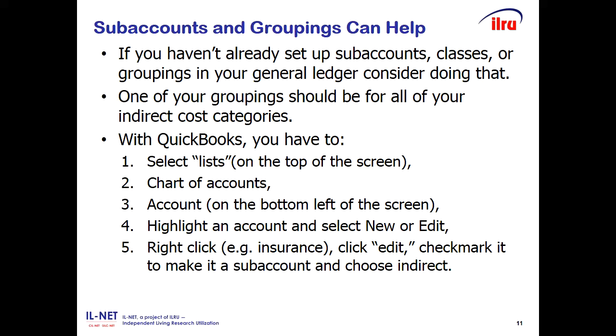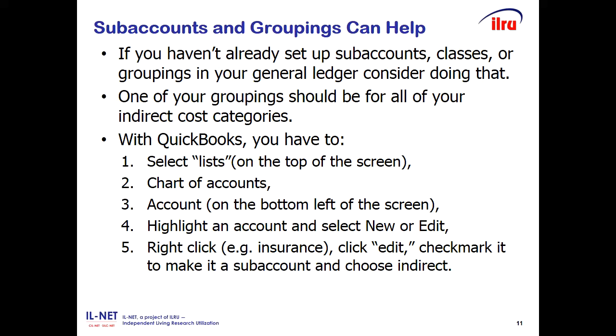It's not my expertise, but I talked to our QuickBooks person, and this is what she said to do to set up sub-accounts in QuickBooks. I'll just go through it quickly. You select Lists, Chart of Accounts, and then Account at the bottom of the screen. You highlight an account and select New or Edit, and you right-click on an account, for example insurance, and then you check mark it and make it a sub-account.